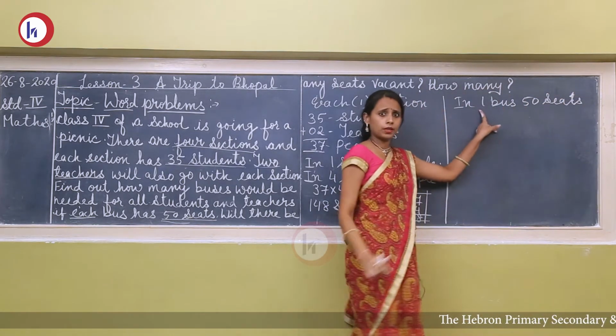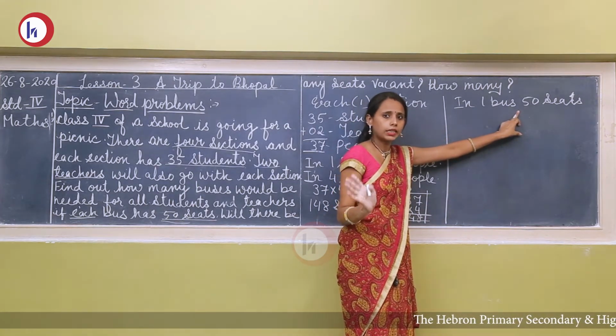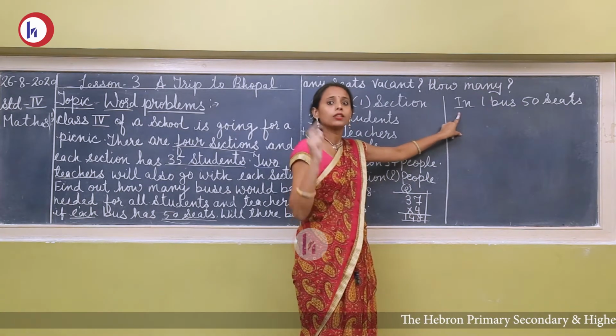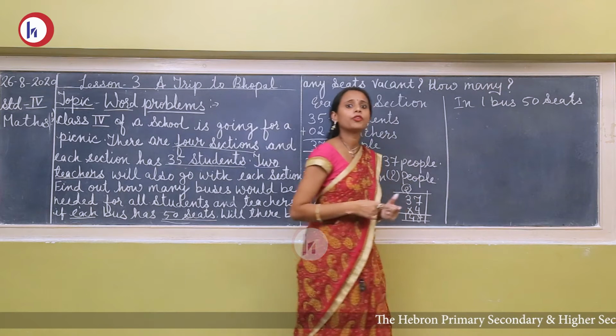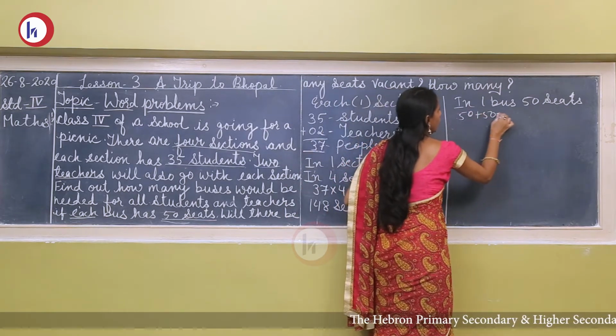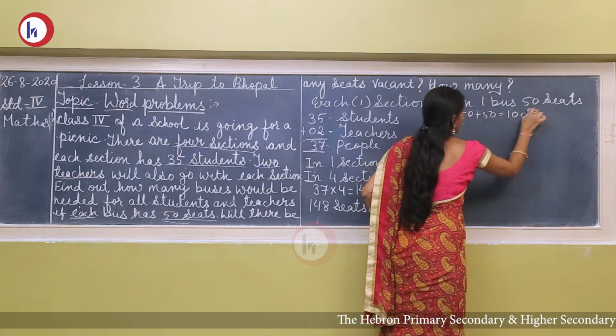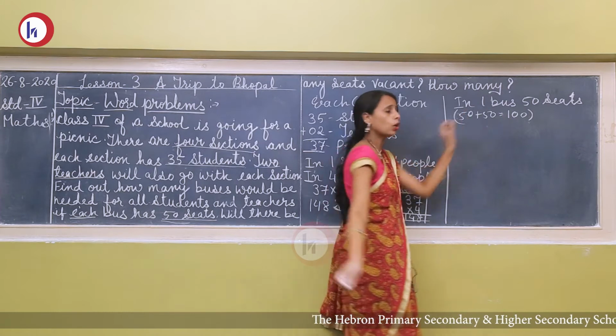If we take one bus, then 50 teachers and students can sit. If we take 2 buses, then 50 plus 50 is equal to 100. So 100 seats can be filled.